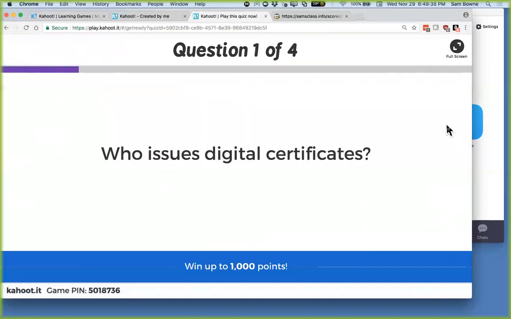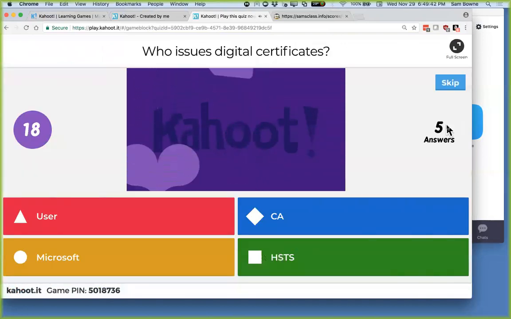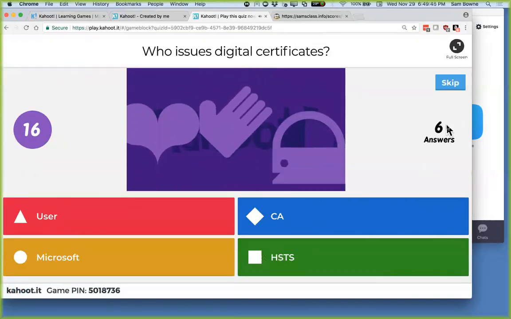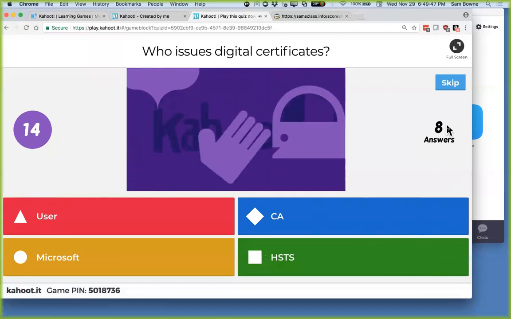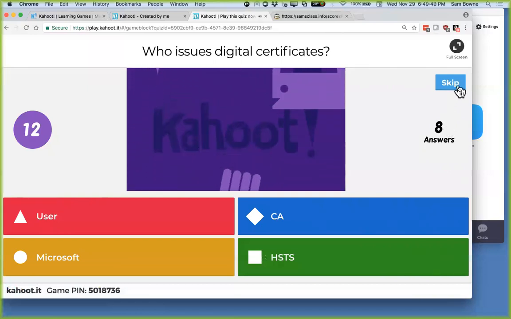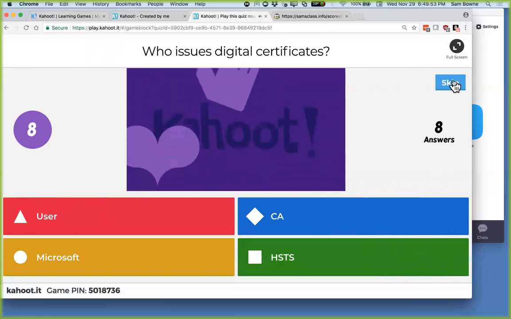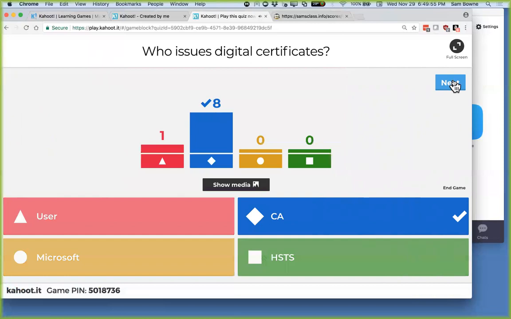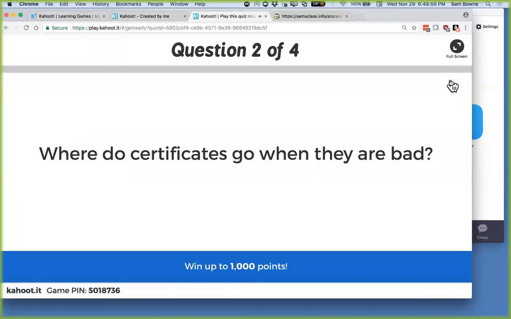All right. So who issues the certificates? Okay, the certificate authority, that's what they're for. Okay, where do certificates go when they are bad?